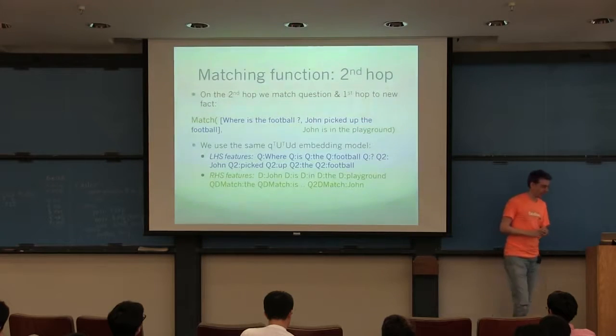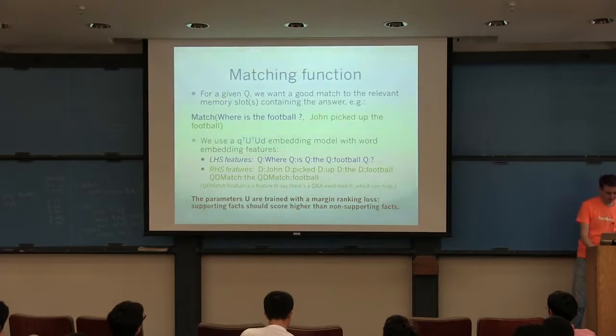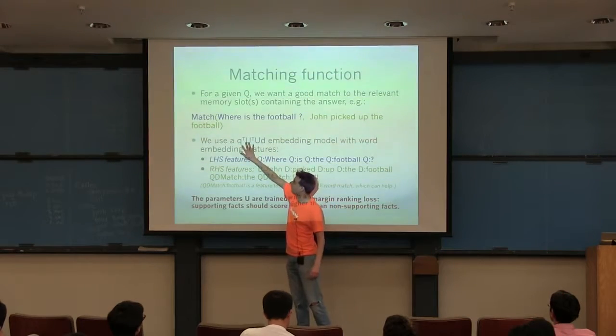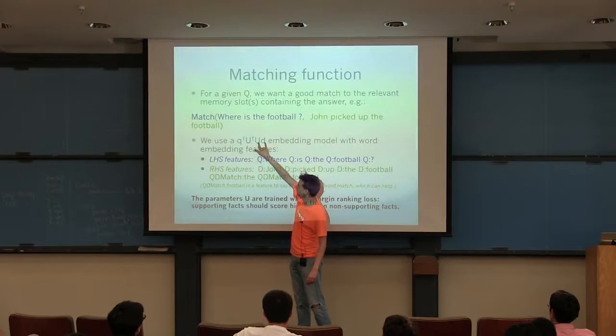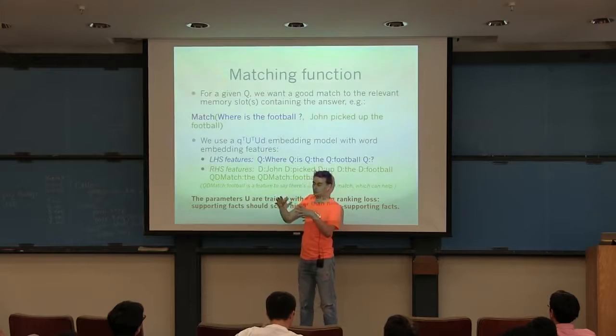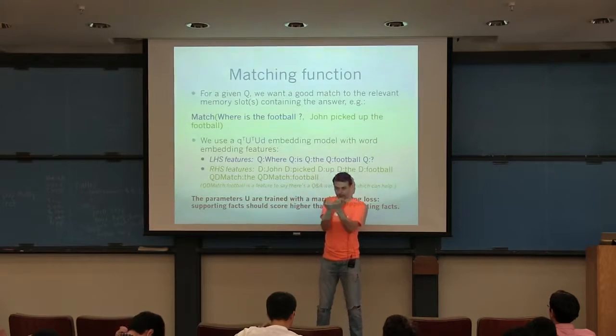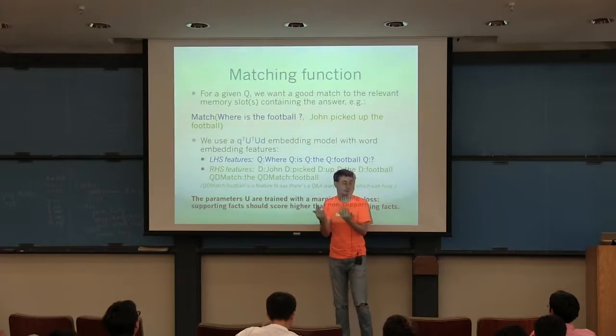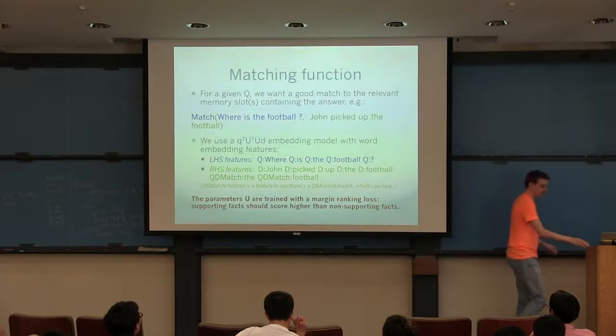So that's basically what the thing looks like, and then you want this thing so that after you've done the embedding of the question into the 50-dimensional space and the dot product with the 50-dimensional embedding of the memory, that dot product, if it's a supporting fact, should be a large dot product. And if it's not a supporting fact, it should be a smaller dot product.